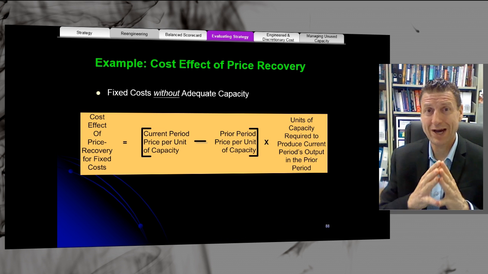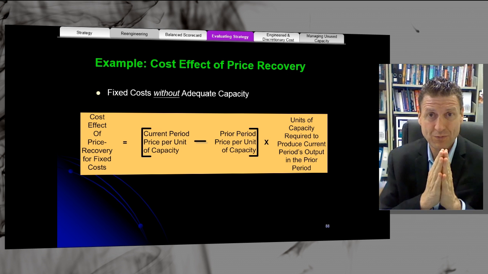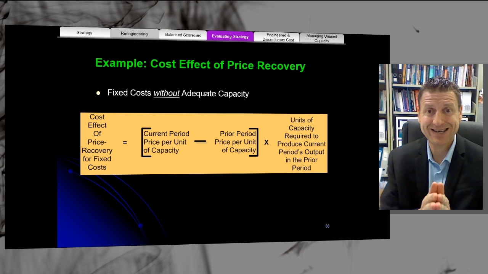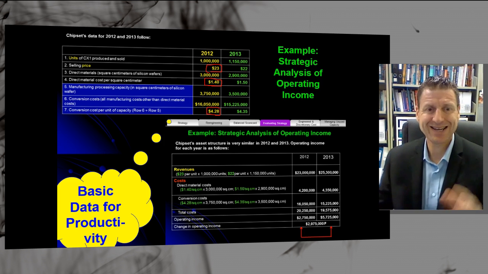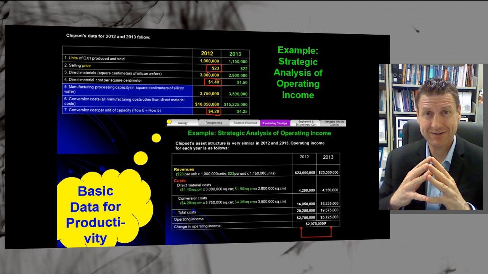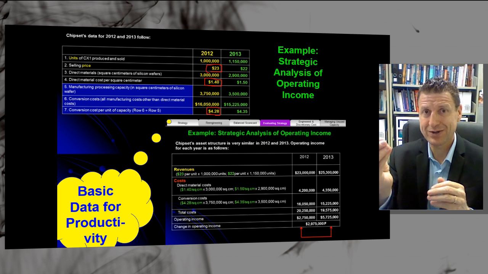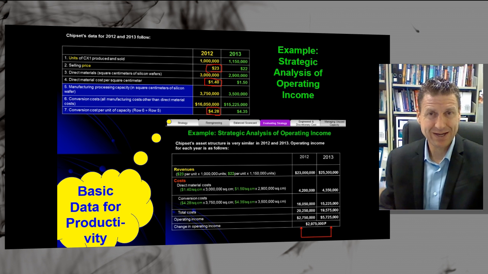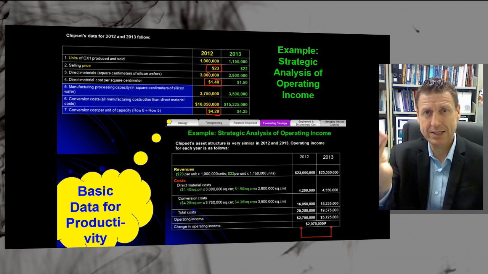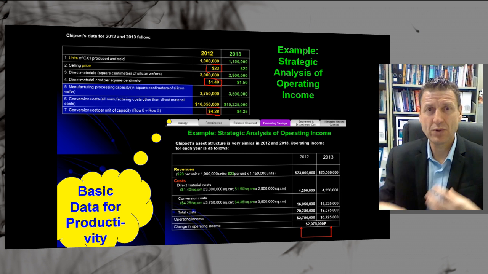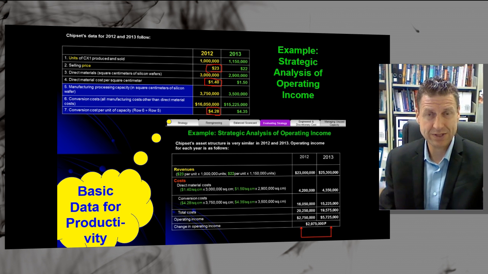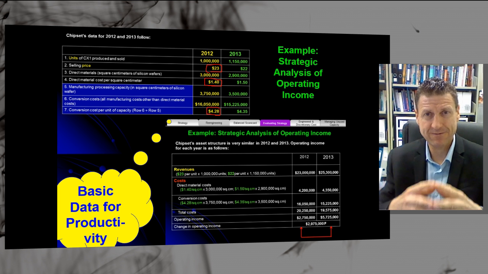Okay, so we've got one more ratio group to calculate, and this is basically the data for productivity. So far we looked at the growth component, we looked at the price component. Now we're looking at productivity, and we want to keep the price component constant, we want to keep the growth component constant, we want to know about the efficiency of conversion for the period.